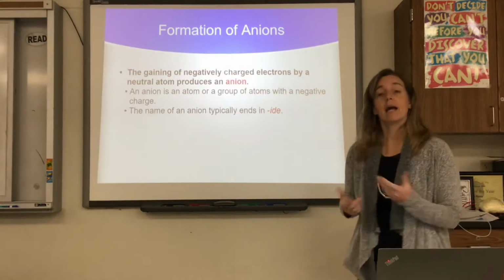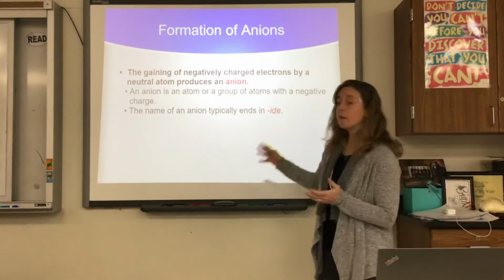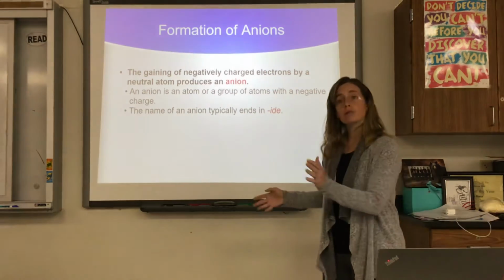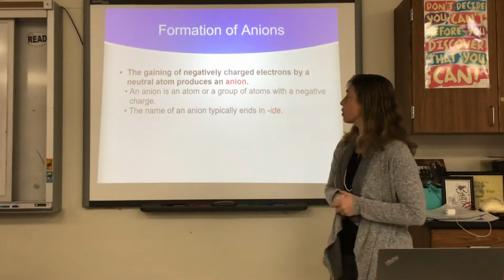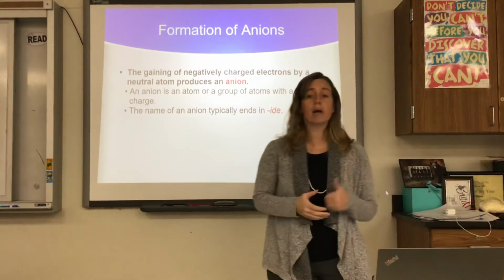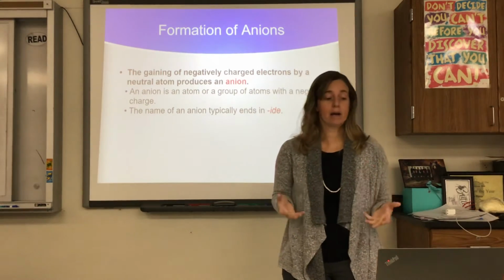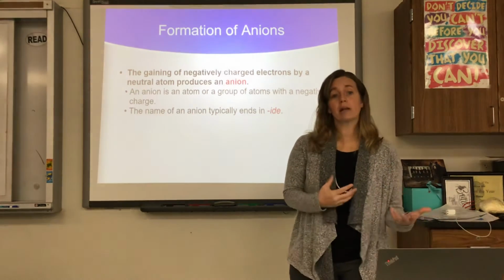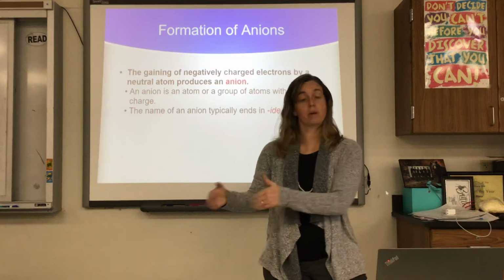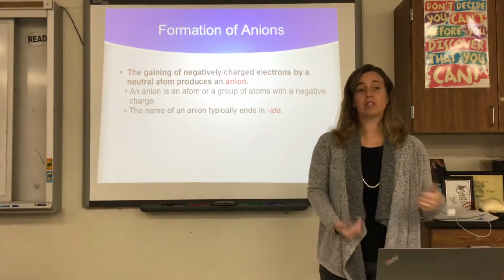Now, anions are when you have nonmetals and they're closer to the noble gases. So in an anion, the gaining of negatively charged electrons by a neutral atom produces an anion. It's going to gain enough electrons to make 8. So it wants 8 outer electrons, just like the metals do.